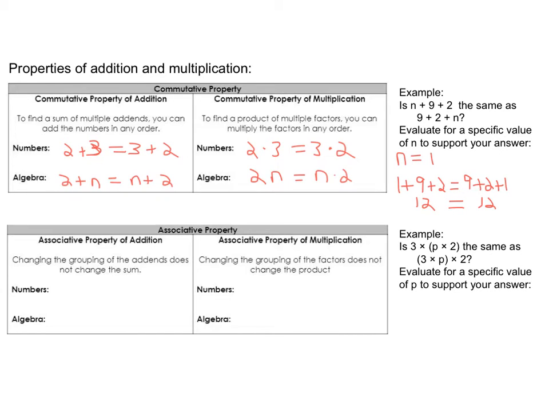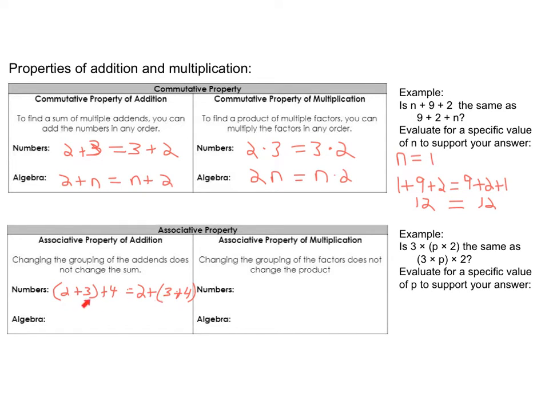Now, associative property is how we group things differently. So for addition, I might have something like 2 plus 3 plus 4, but that's going to be the same as 2 plus 3 plus 4, where I just have them grouped differently by the parentheses.